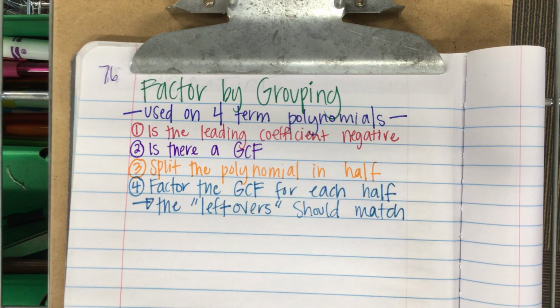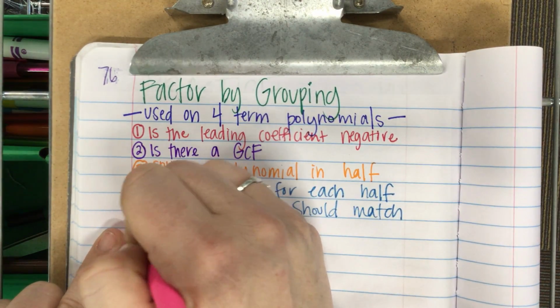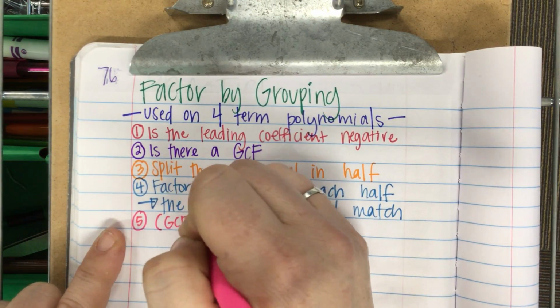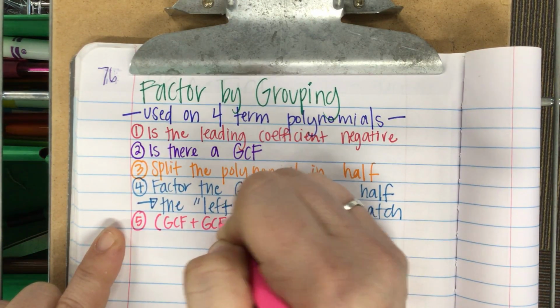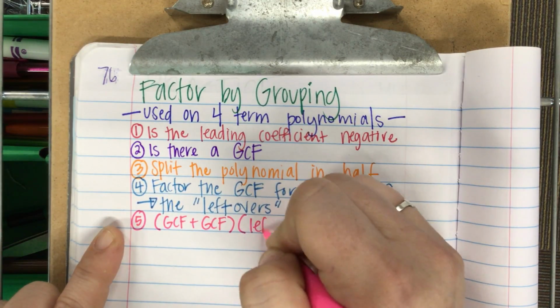The leftovers should match. And then we just have to write our solution. Our solution looks like GCF plus GCF and the leftovers.